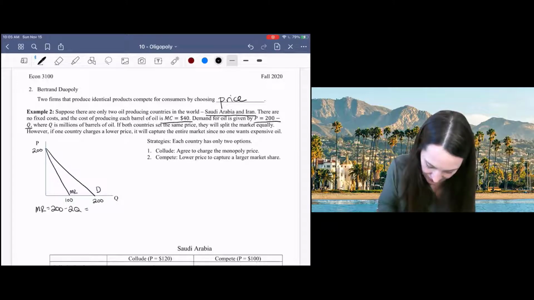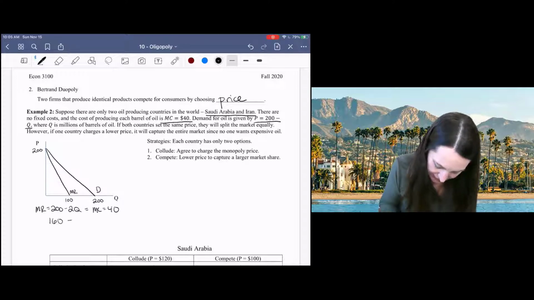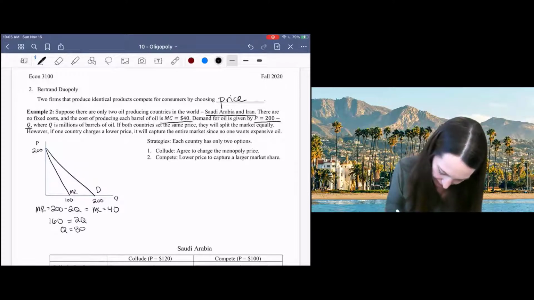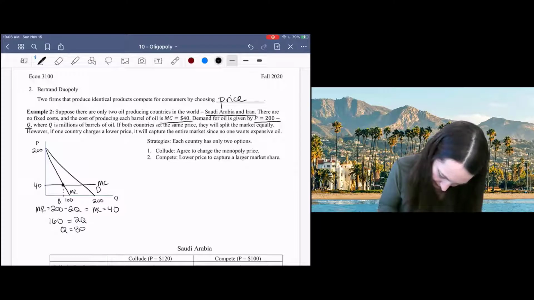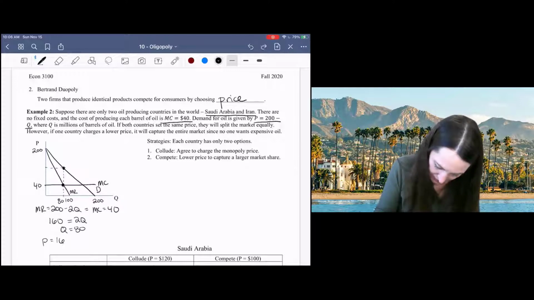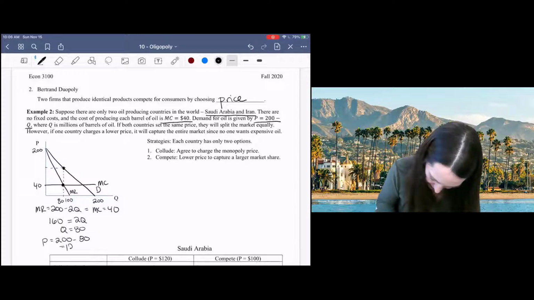And then we would set that equal to our marginal cost, which is 40. So we get 160 equals 2Q. So the monopoly quantity here is 80. And then the monopoly price, 200 minus Q, would be 120.